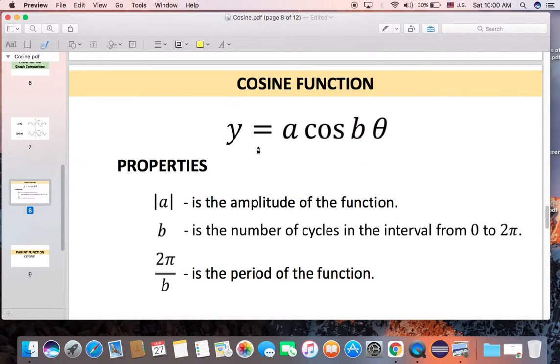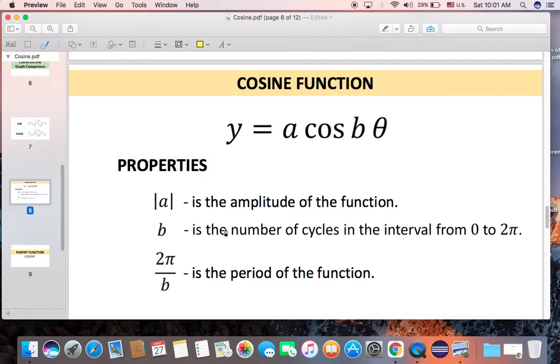If you want to plot a graph of cosinus, the first thing you need to find is the formula. You need to find the amplitude of the function and the number of cycles, where the interval starts from 0 until 2 pi.